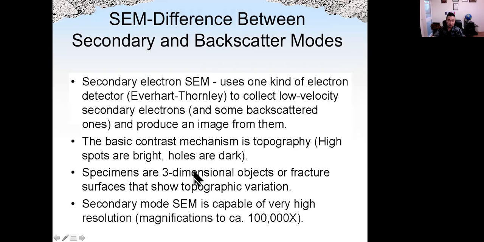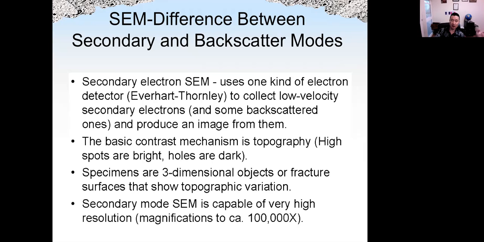So again, we have secondary and backscatter mode. Okay. For secondary electron SEM, we use one type of electron detector, okay, to collect the so-called low velocity secondary electrons. Okay. The picture will give us a topography, like a 3D picture. Okay. So a high spot will be bright, and the lower spots, the holes, will be dark spots. Okay.